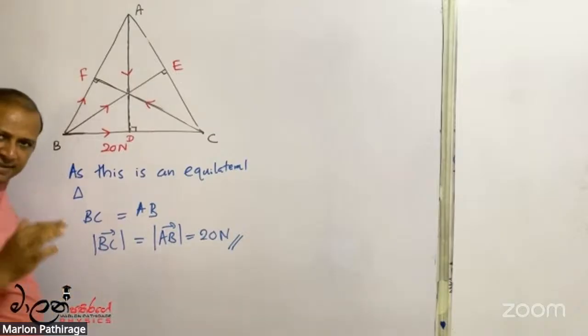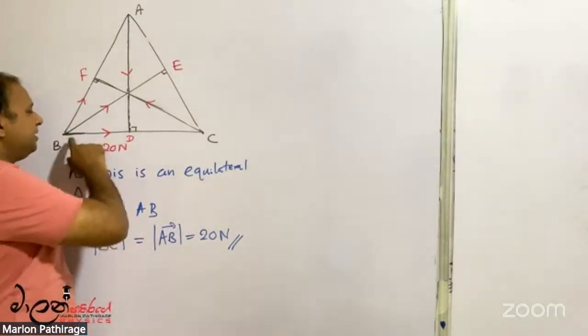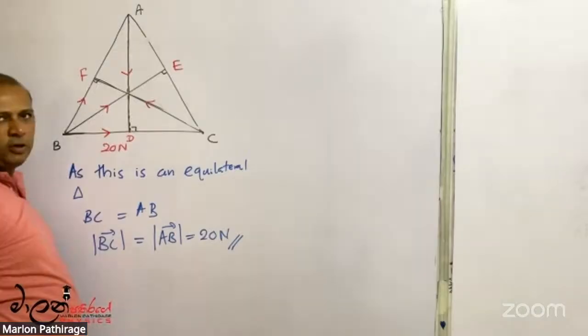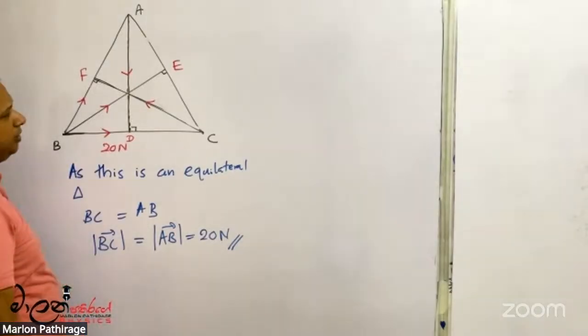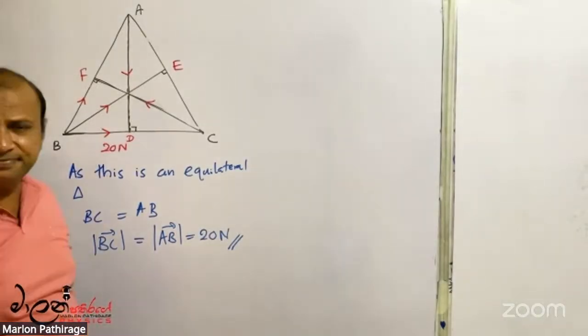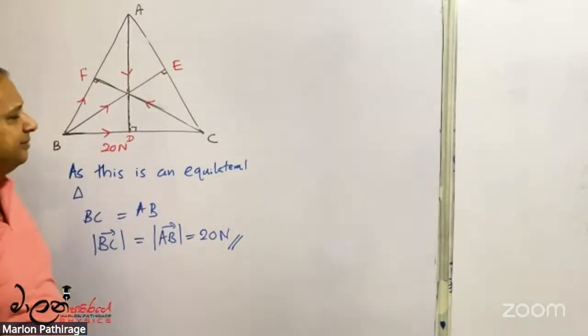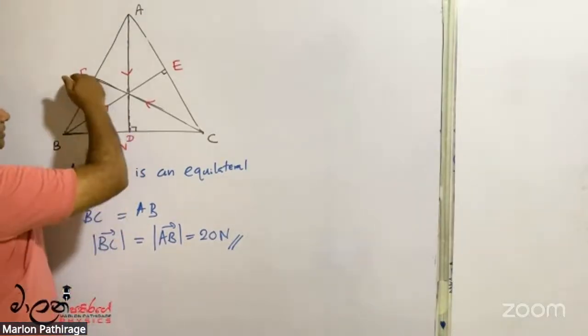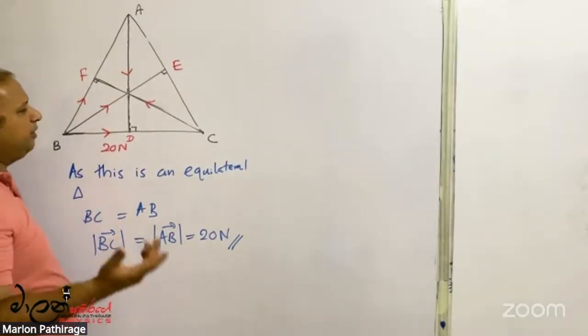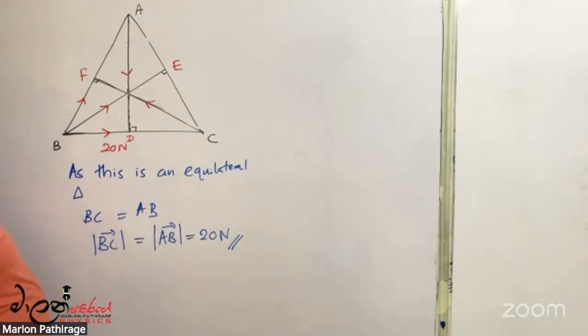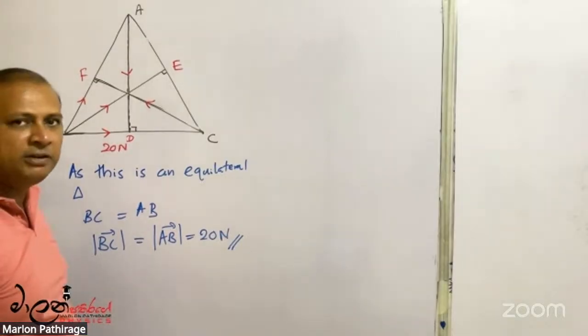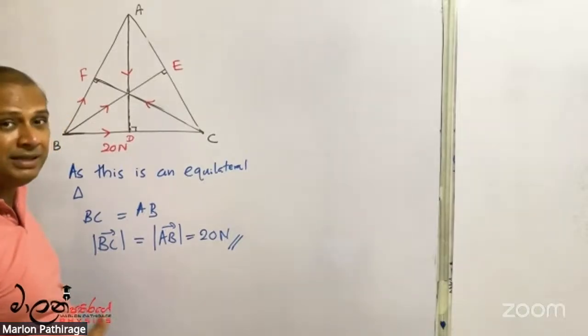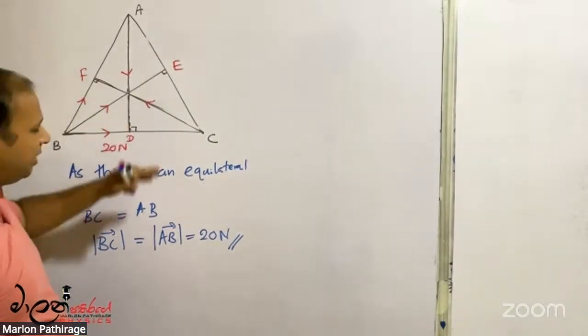Then, as this is an equilateral triangle, these perpendiculars are equal. Therefore, you can determine the value of one of either BE or CF or AD, and that value is equal to the magnitude of the other two.